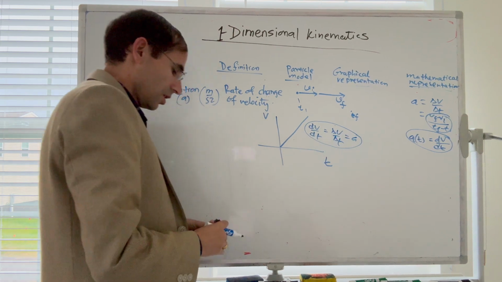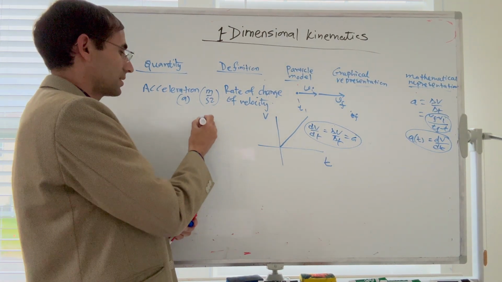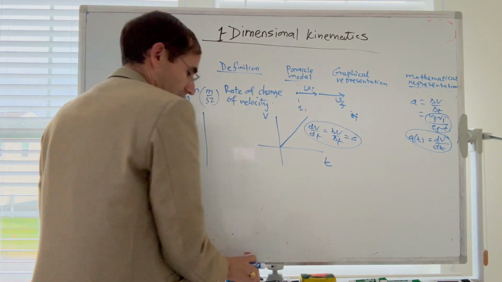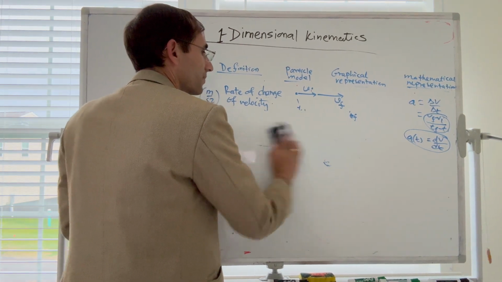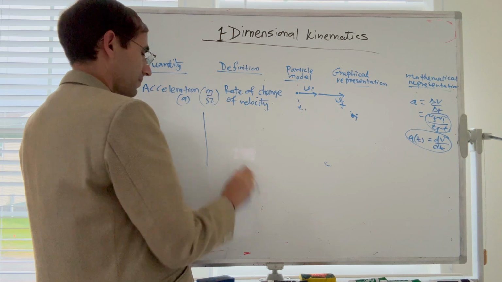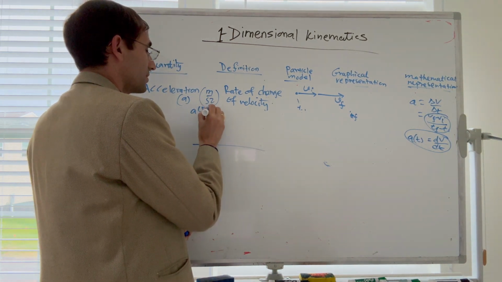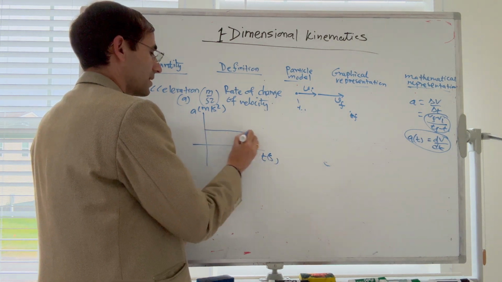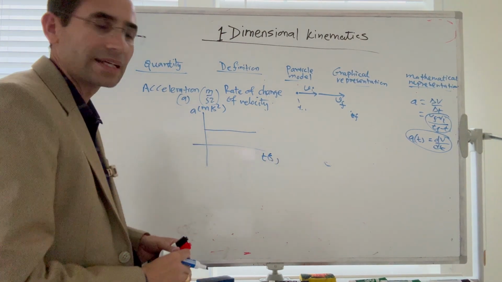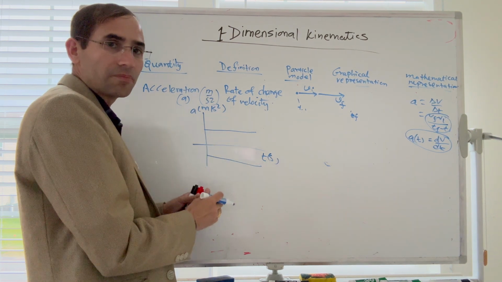So the acceleration can be uniform, a constant acceleration situation. Let me take three different scenarios of acceleration as a function of time, with acceleration measured in meter per second square and time in second. Suppose the acceleration remains the same all the time, either positive or negative, but uniform.